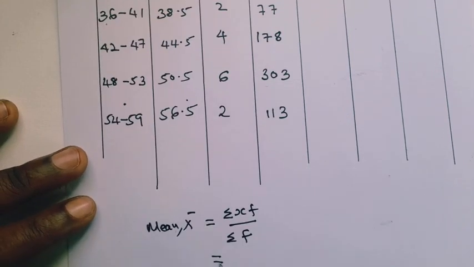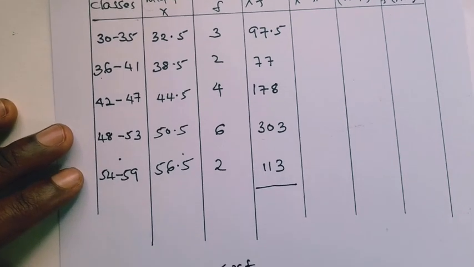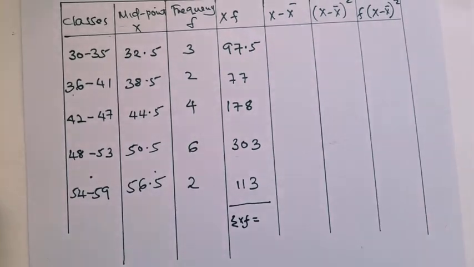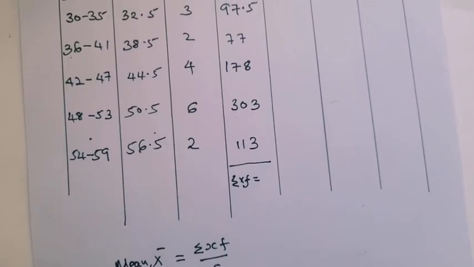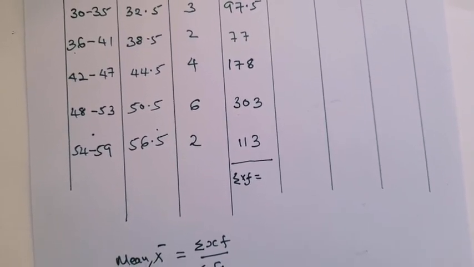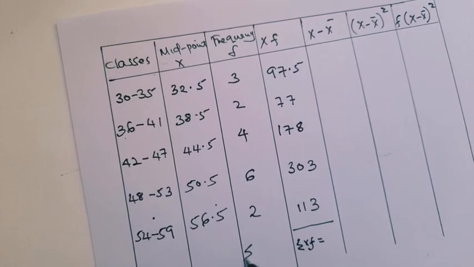Now it means we are going to add the total here to get summation of xf. Using our calculator, the answer here is 768.5 divided by summation of f, the total frequency.